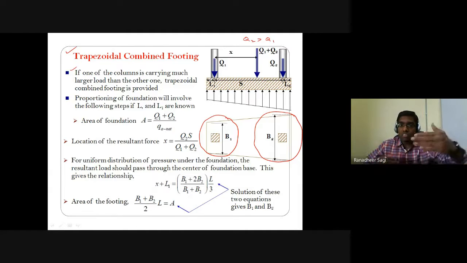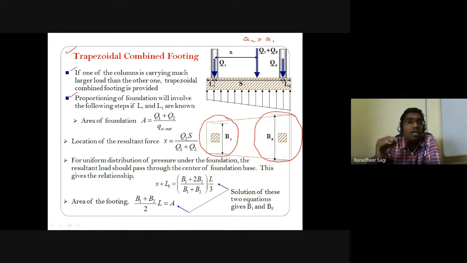If width is more, the area available for distributing that load is more. If width is less, the area available for transferring that lesser intensity of load is less, and the area required is also less.